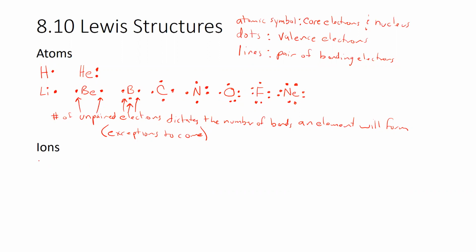Now, if we want to look at ions, we're going to pick some elements. We're going to take an element, and we're going to depict, so I would say, element or ion. And we'll do the Lewis structure of that element or ion.